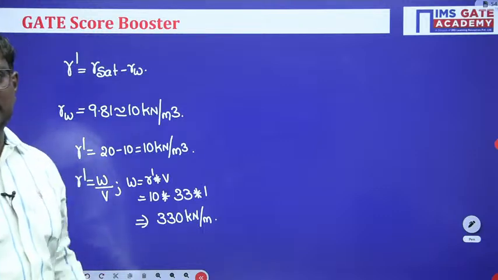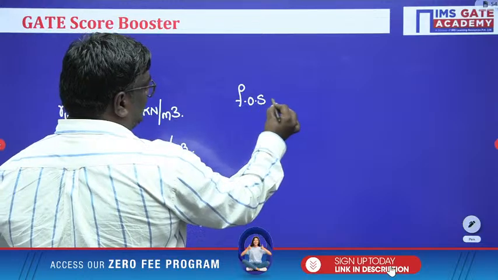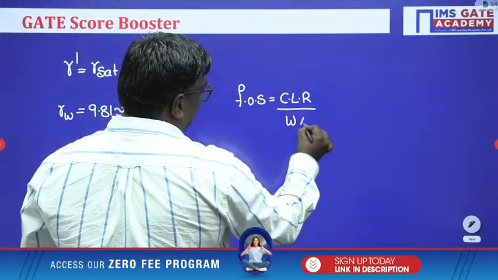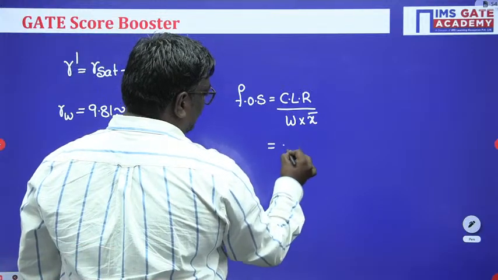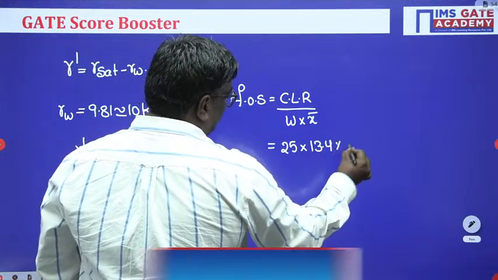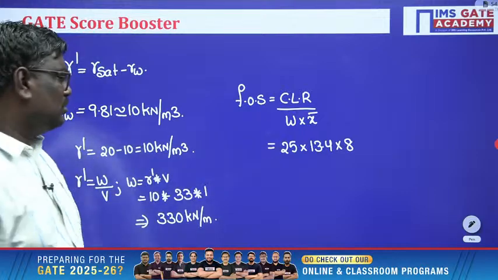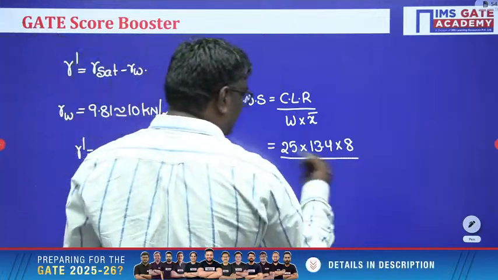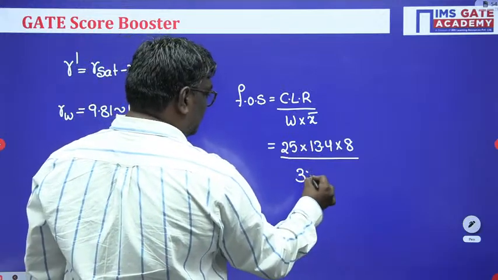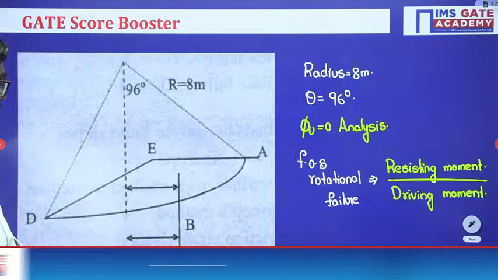So, if you plug in these values here, what is the factor of safety? C into L into R upon W into X bar. C is 25, length of the arc is 13.4, and R is 8. 25 into 8 is 200, then 2680, divided by weight 330 into X bar, which is 2 meter.